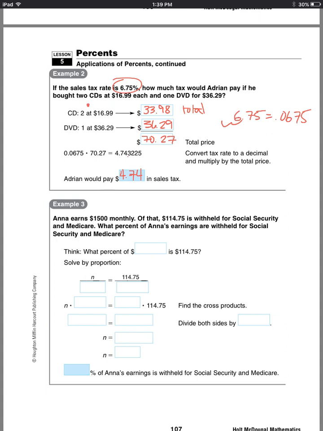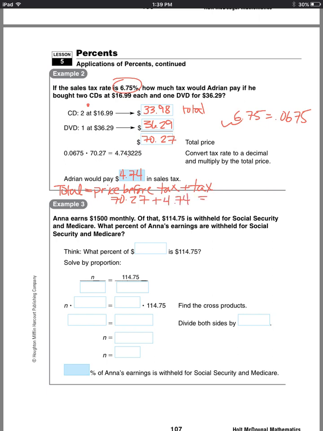Now, maybe they ask for what was the total price he had to pay. If they ask for the total, you have to take the price before tax plus the tax. Okay? So the price before tax was $70.27, and the tax was $4.74.